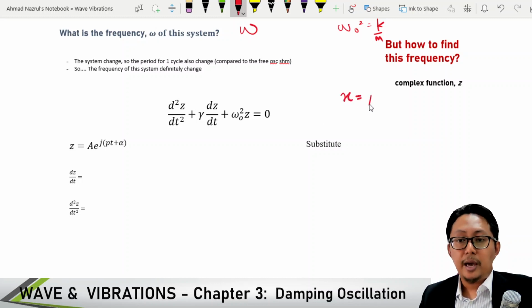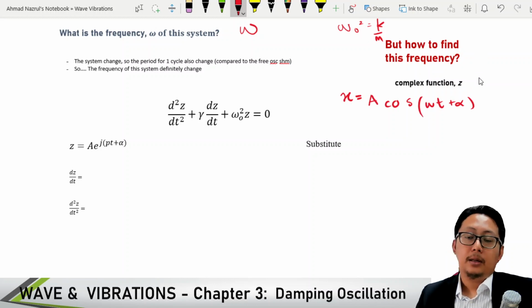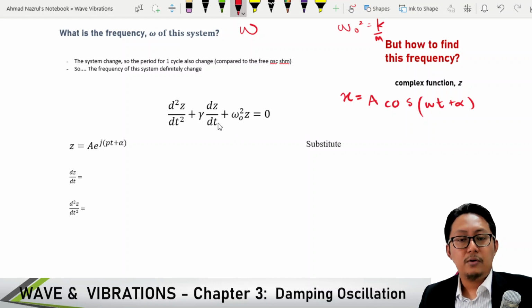Usually we use x equals A cos(omega t plus alpha). But for dealing with damping, there is some complexity in doing the calculation using cos and sine.